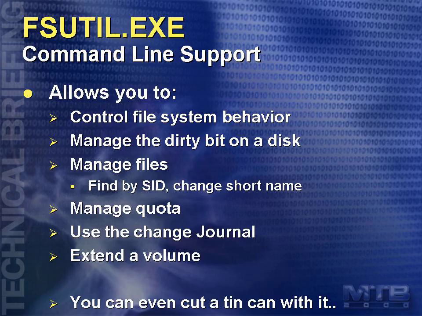Does everybody know what the change journal is? I see a lot of heads going no. The change journal in NTFS is there in Windows 2000 now. It allows you to find out which files have changed in the file system. You boot up your system, and the change journal is pretty much empty because nothing's changed.